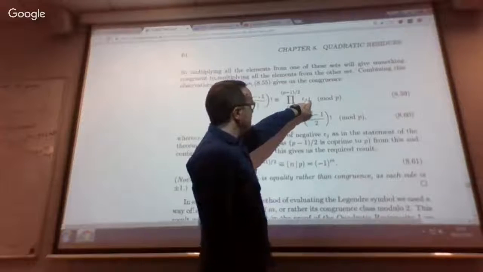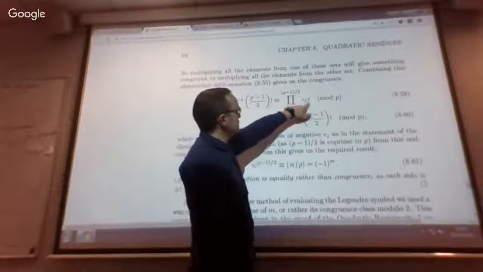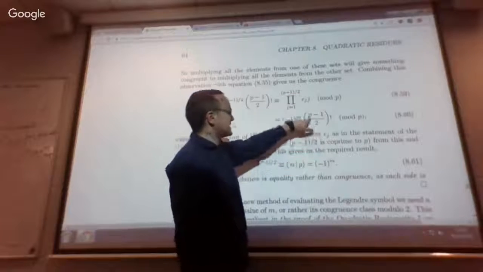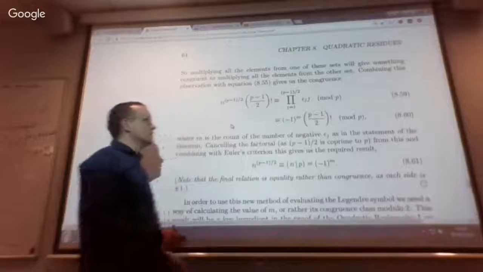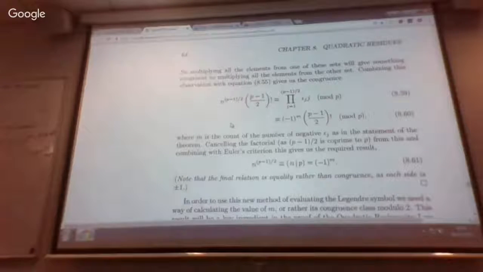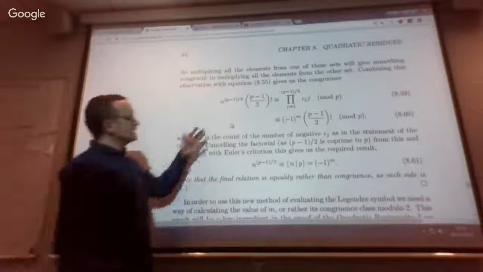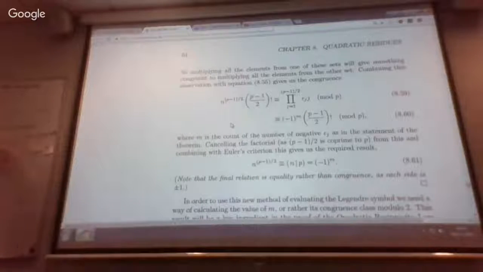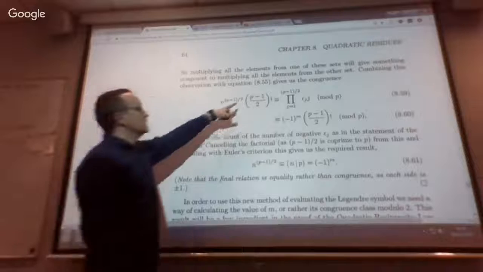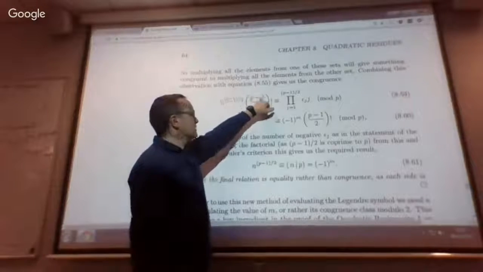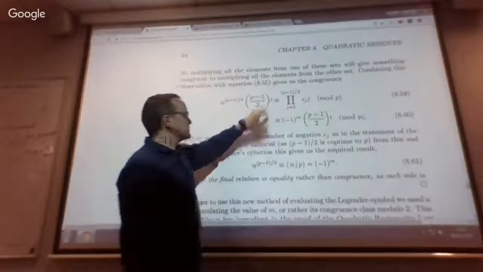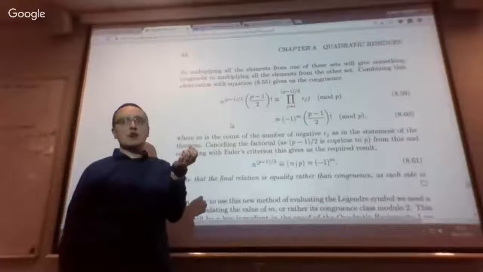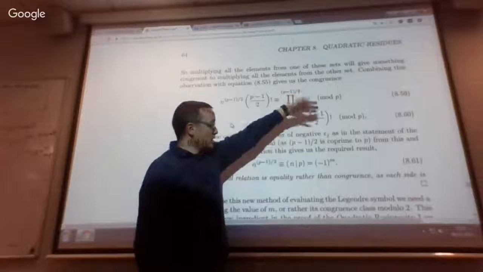And all the other factors in this big product are just you multiplying together every j from j equals 1 to p minus 1 over 2. So that's exactly p minus 1 over 2 factorial once again. Just as we did when we considered the Legendre symbol 2 mod p, this factor, p minus 1 over 2 factorial, that you see on both sides can be cancelled from the congruence, because it's a number co-prime to p.